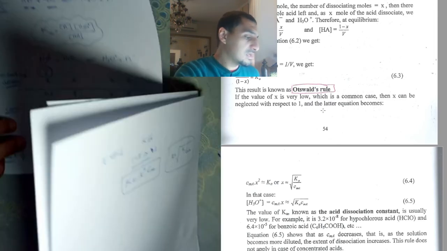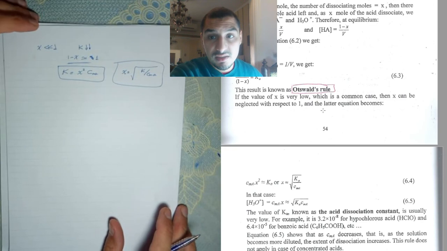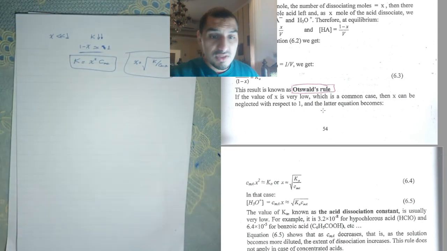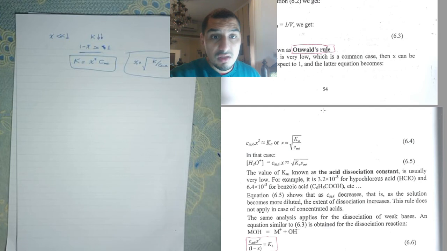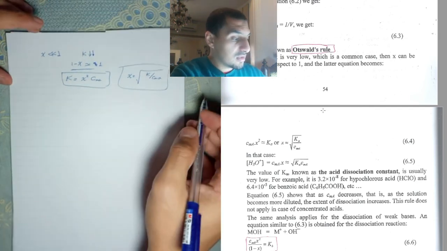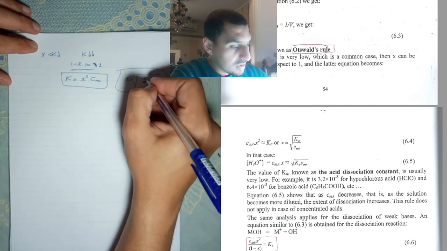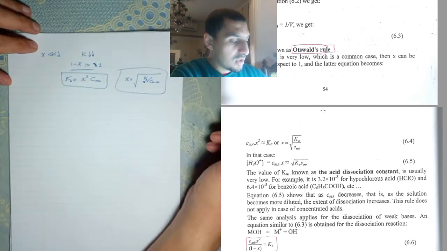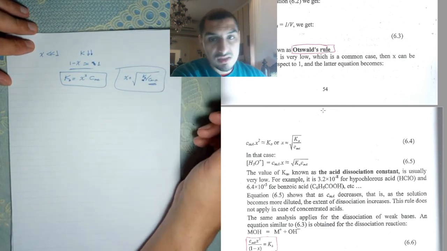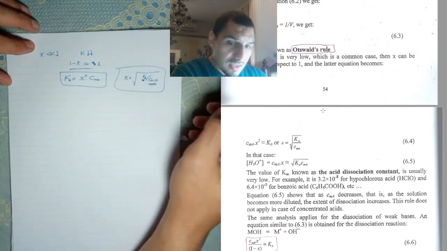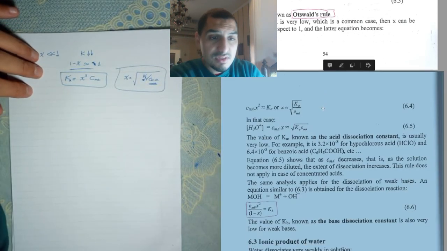So this is a simple way of calculating the percent of dissociation of the acid in a solution, only using the dissociation constant, which is Ka, and the CMA, which is the initial concentration. And actually the Ka is not called an equilibrium constant; we call it the acid dissociation constant.